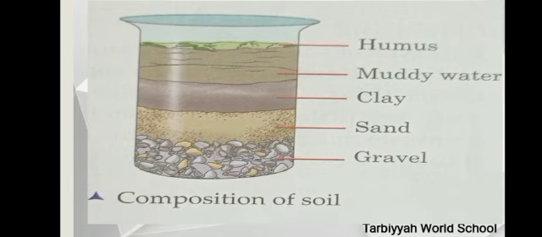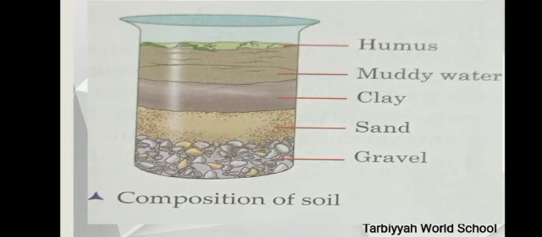As you can see in the picture, the bottom layer of soil is made up of small stones. Above the bottom layer, a layer of sand is present. The sand particles are much smaller than gravel. Above the sand, a layer of very small and fine particles is present. This layer is called clay. The clay particles are so small that you cannot see them separately.